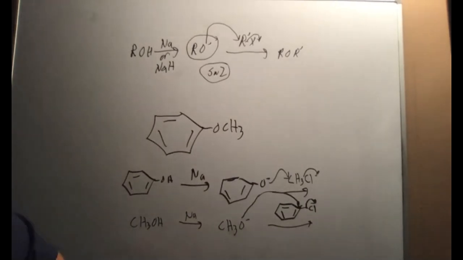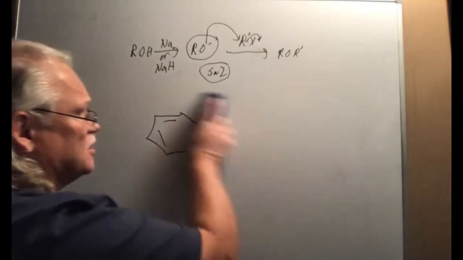Now what we're going to do is look at one more reaction that you saw, and this is on page 8. This is the alkoxymercuration-demercuration reaction. And I'll put this in a little more detail than I did in my notes. We've got this alkene, and I'm going to turn it up on its side.